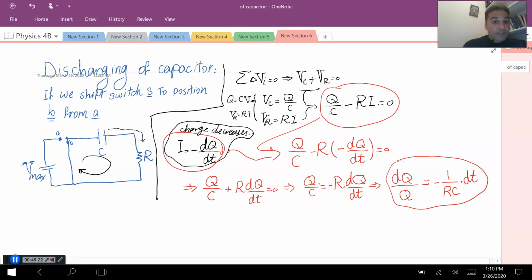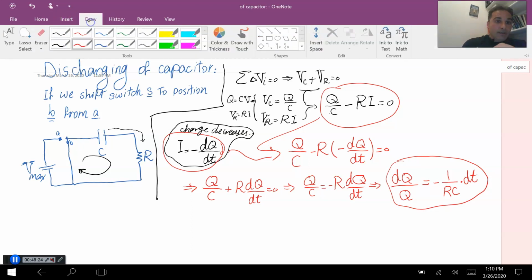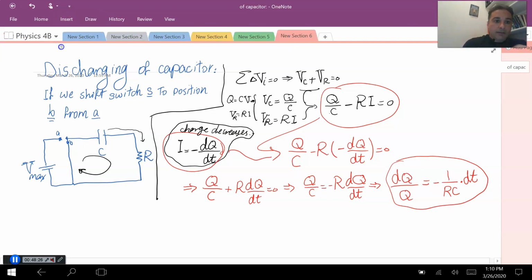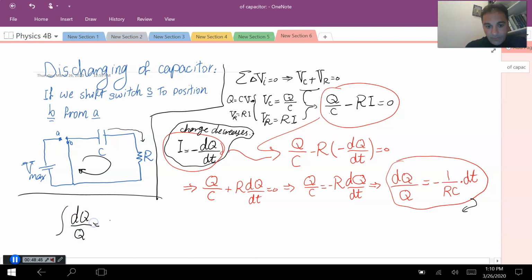Okay, this is a differential equation. So what I have, I can take the integral: integral of dq over q is equal to negative 1 over RC integral dt, correct?